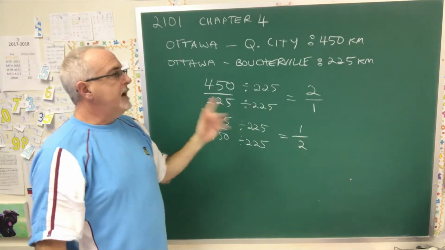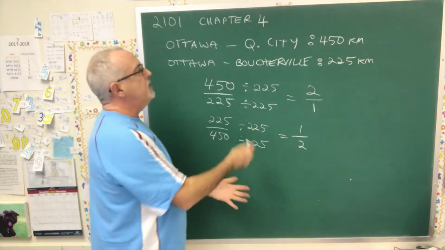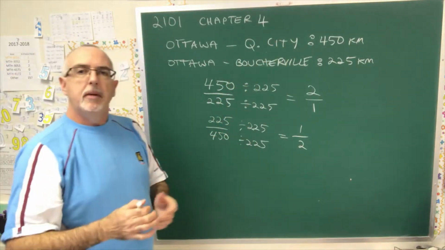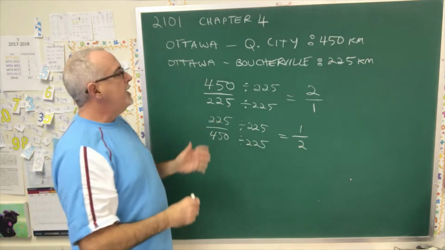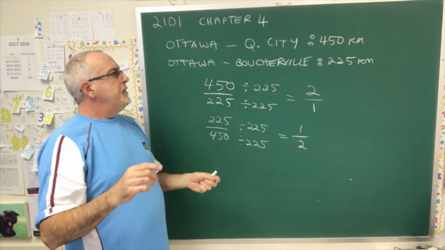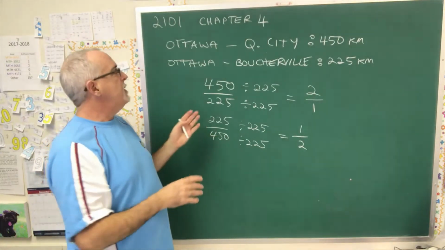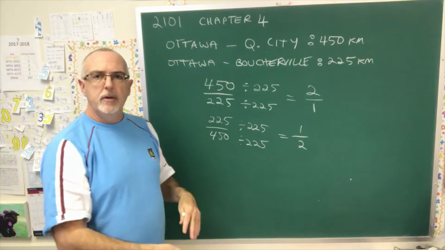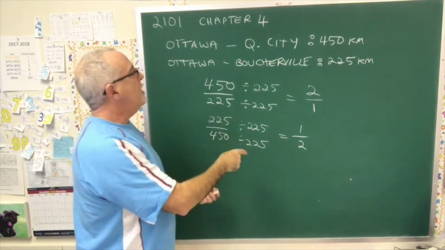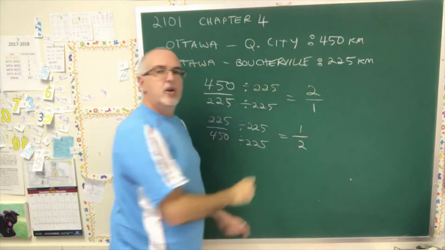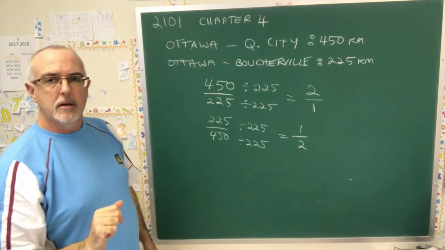That's all that means. Now, that means there's two correct answers to the question, what ratio would you give between these two distances? But it also depends on how the question is asked. So if the question is formulated in a way that sounds like, show a ratio that shows the relative distances between Ottawa and Quebec City and Ottawa and Boucherville, they're mentioning Ottawa and Quebec City first, so you would want to put that one first, and the 2-to-1 ratio would become the correct answer, and the 1-to-2 ratio would end up being not quite as good an answer.